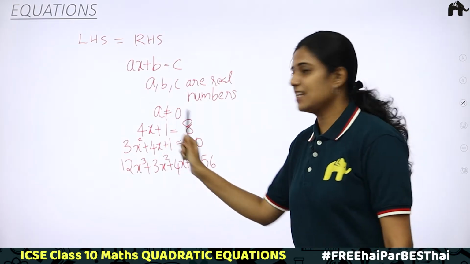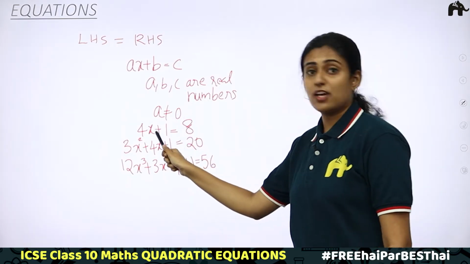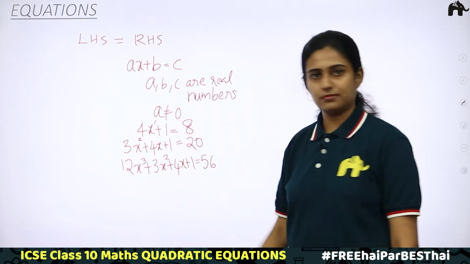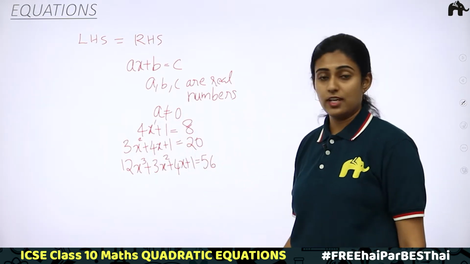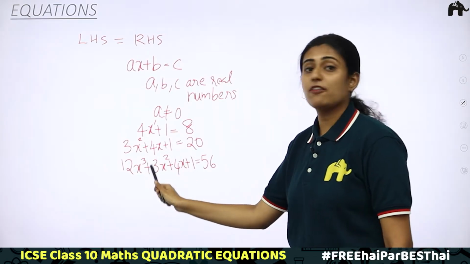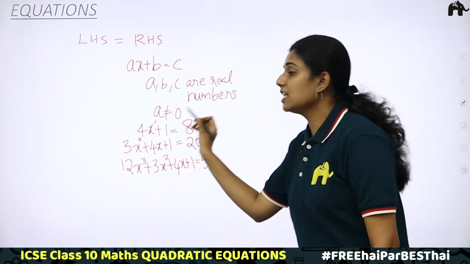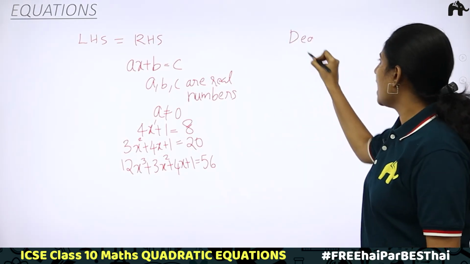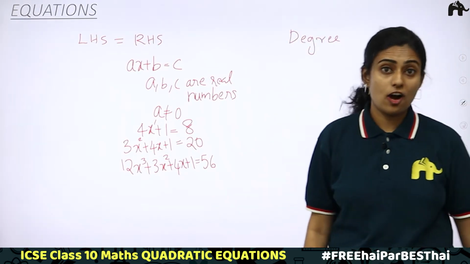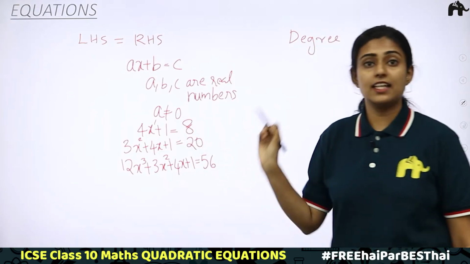Here in the first expression, the highest power of x is 1. In the second, the highest power of x is 2. And in the third, the highest power of x is 3. The highest power of x is called degree. In the first, the degree is 1.